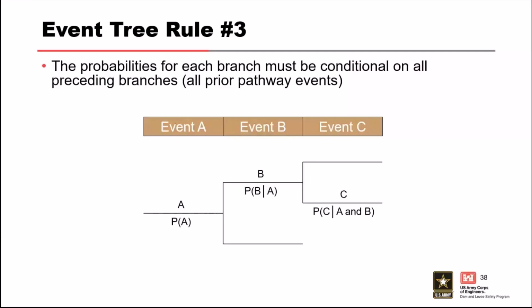Event tree rule number 3 is that the probabilities for each branch must be conditional on all preceding branches. In this basic example, probability B, or event B, is evaluated given that event A has already occurred, and event C is evaluated given that both event A and event B have occurred.